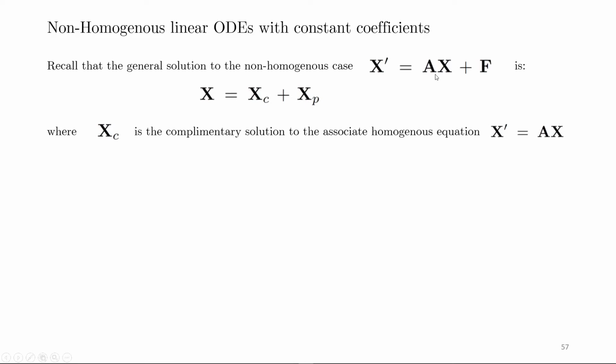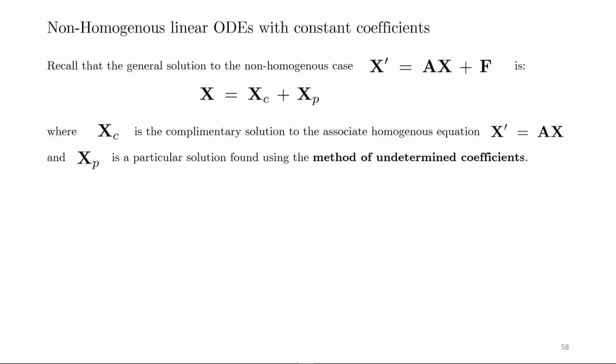So we just solve this first part, x prime equals A times x, and that gives us a complementary solution by finding the eigenvalues and the eigenvectors of matrix A, and then determining whether we're in case 1, case 2, or case 3. And xp is a particular solution vector which we can find using the method of undetermined coefficients.